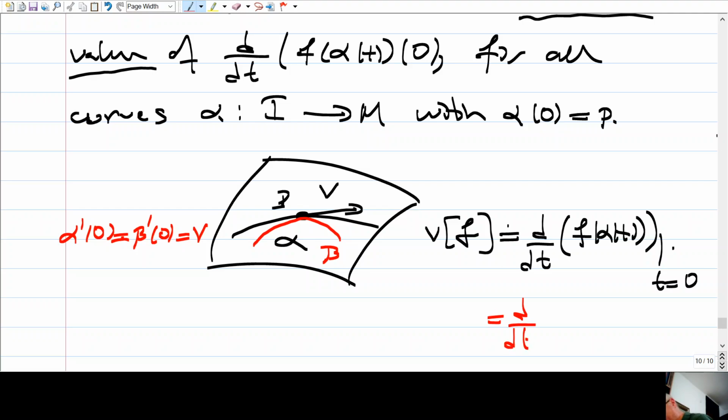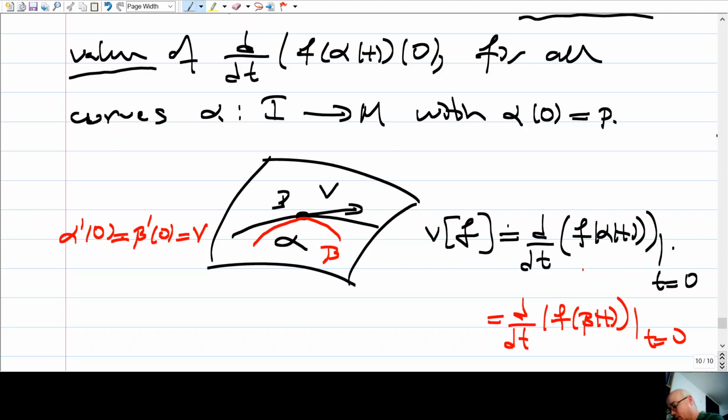So this can be written like this. So for all curves tangent to this vector, having the same velocity vector at the point P, these derivatives are the same. Why are these the same? Well, it is because of the chain rule.